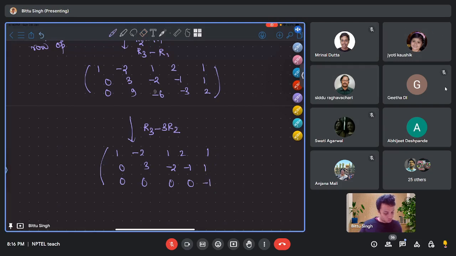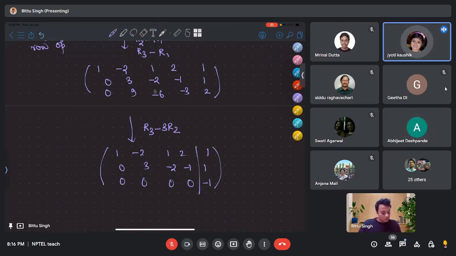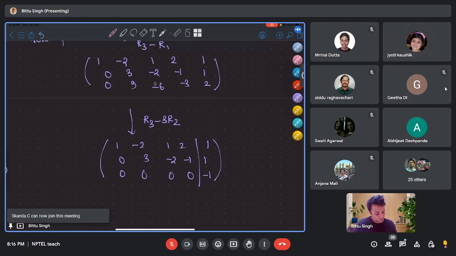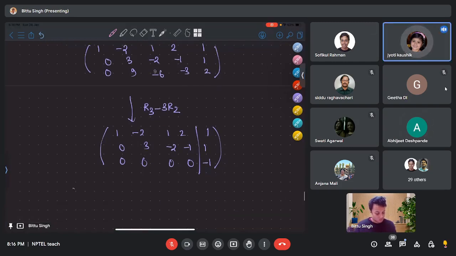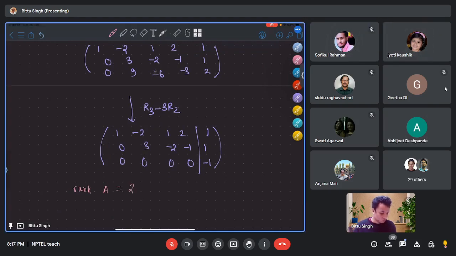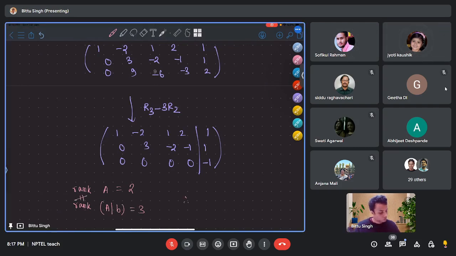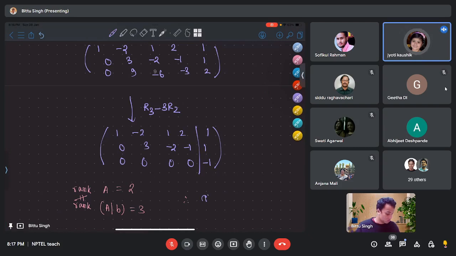Now you can see that the rank of A is 2 and the rank of the augmented matrix is 3. They are not equal. Therefore, a solution does not exist. Yes, the system has no solution.